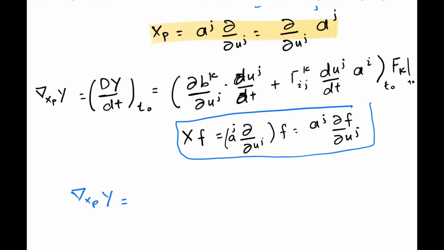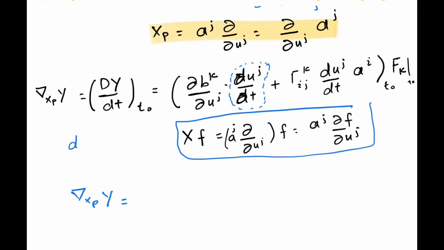What is this part duj by dt? This is the component of the vector x along the partial uj unit vector.